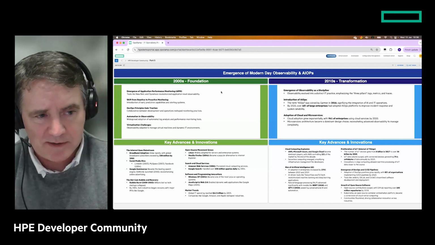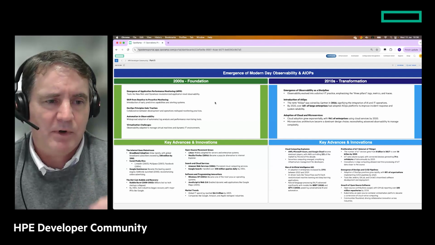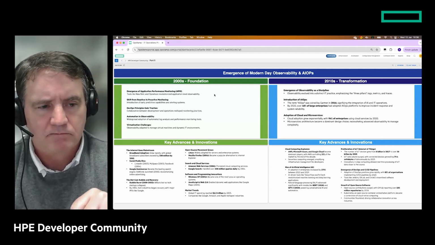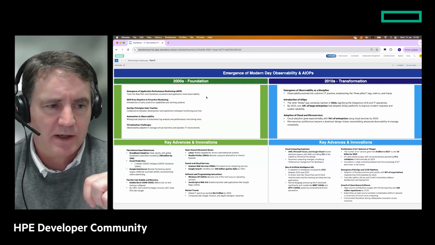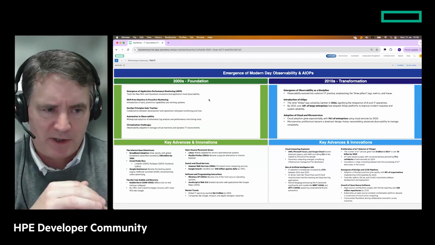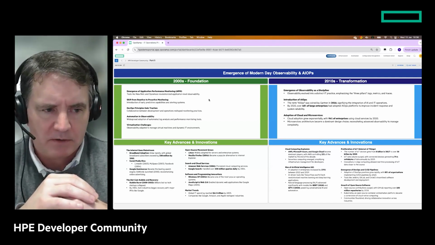Some of the pioneers in that space, New Relic and Dynatrace, really started to revolutionize how we do application monitoring and observability, and they're still key platforms today. There's been a psychological shift from what we call reactive to proactive monitoring.